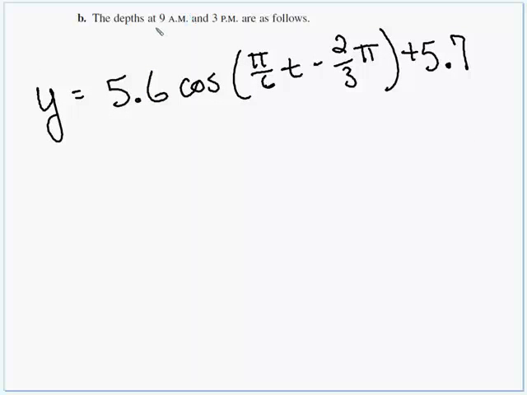So if we want to figure out the depth at 9 a.m., we're just going to plug a 9 in for this t, and then we'll compute that on the calculator. And when we put that 9 in for t and compute that, our 9 a.m. depth is approximately 0.84 feet. Let's see if that answer makes sense.